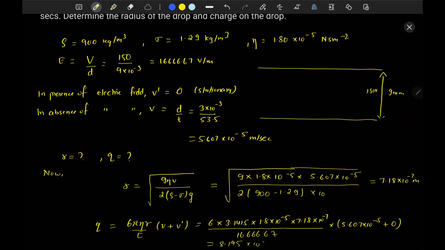This gives 8.195 into 10 power minus 19 coulomb, which is the required answer.